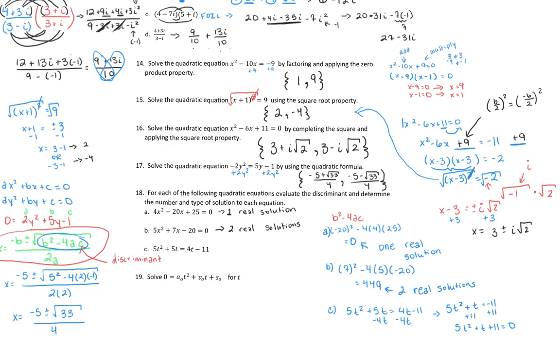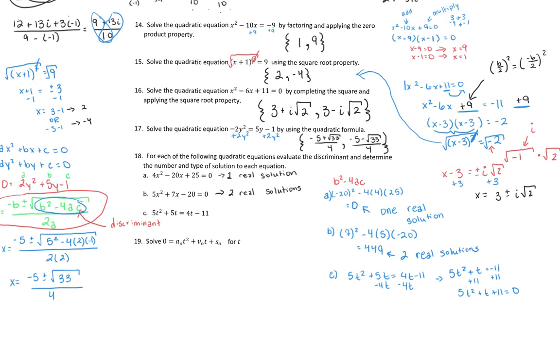Now we should be able to plug into that b squared minus 4ac. So when we do b squared, in our case b is 1, minus 4 times a, which was our 5, and times c, which is a positive 11, you'll get an answer of negative 219.